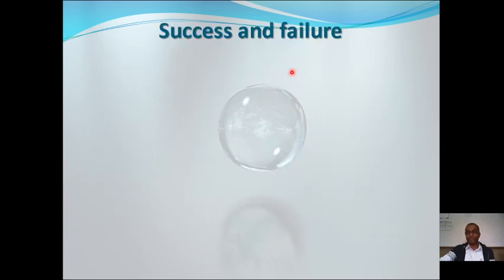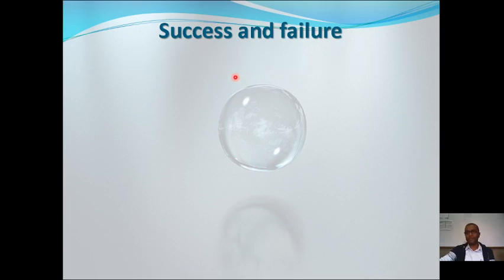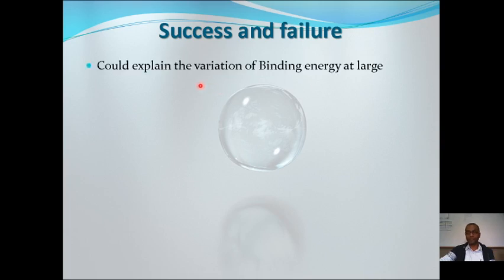So what are the successes and failures of this model? The liquid drop model was successful in explaining the observed bulk properties of the nucleus. For example, it could explain the binding energy of different nuclei, how it arises and how it varies with mass number.